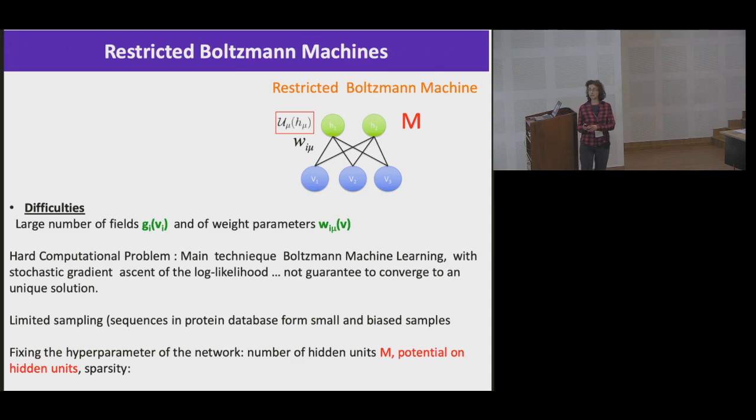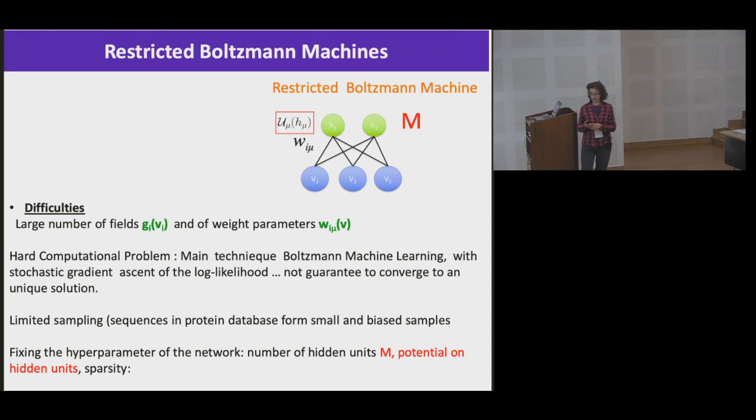For example, the number of hidden units. This is related to your question: how many modes or features you want to extract from your data, and the shape of this potential. We'll see next that these are very important parameters to fix in an appropriate way if we want to have an interpretable and well-working machine.